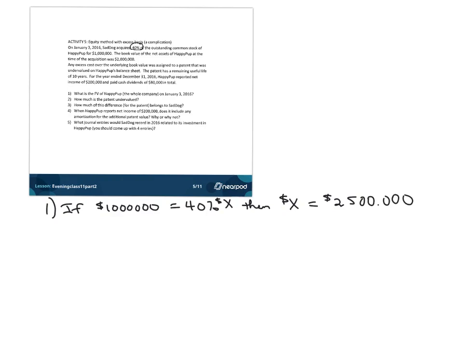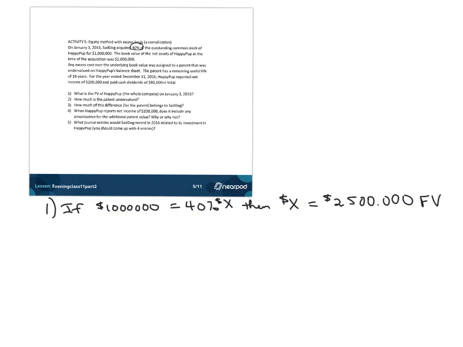That's an algebra question. That's basically 1 million divided by 40%. So the whole company is valued at 2.5 million fair value.